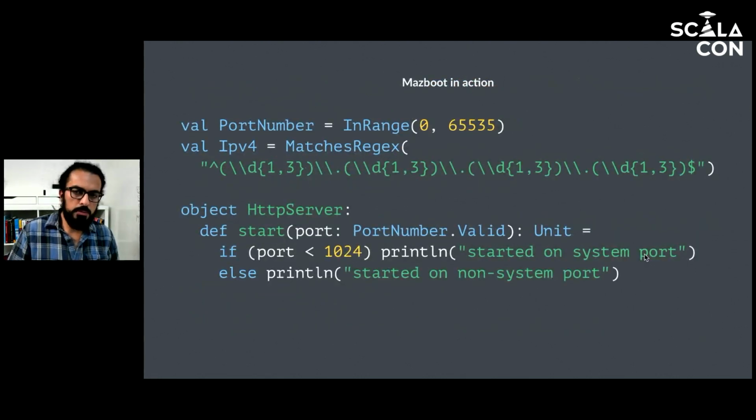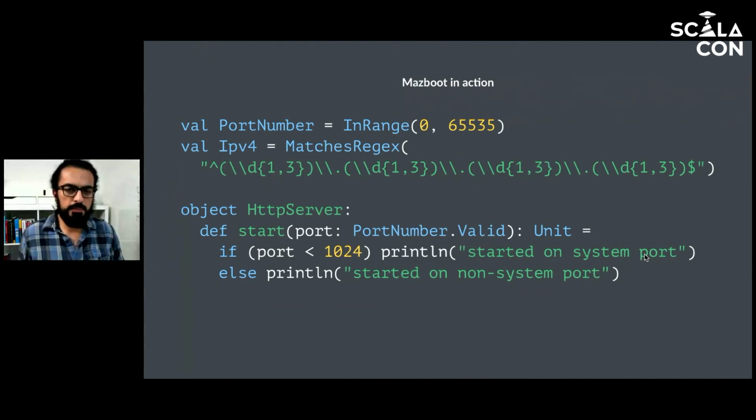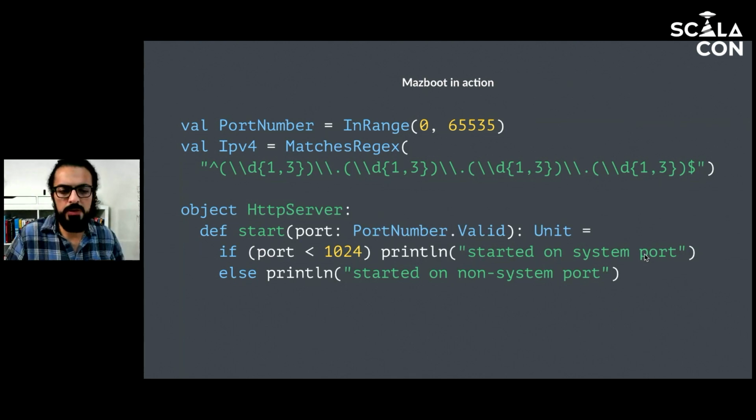All right, so let's start using what we have built already in a little example. So we have our port number, and we have our IPv4. The actual port number type is the valid alias that's inside the port number object. Remember, opaque type valid.